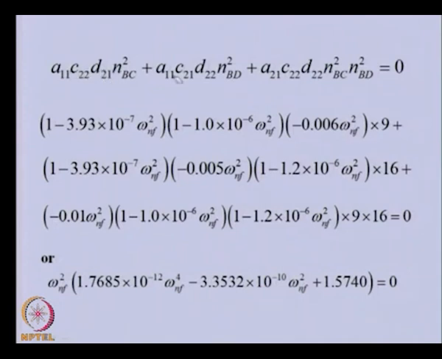So, we can substitute these various terms from the 3 matrices which we obtained like this. So, we will get an expression like this, and if we simplify, we will get a polynomial of this form, and you can see that one of the natural frequencies is 0 and the other two natural frequencies will be obtained from this quadratic part.